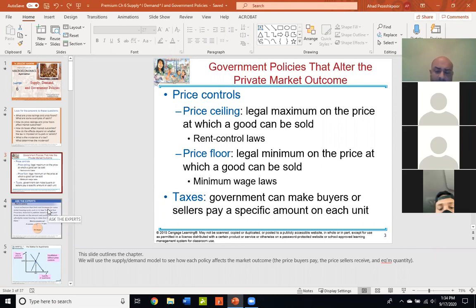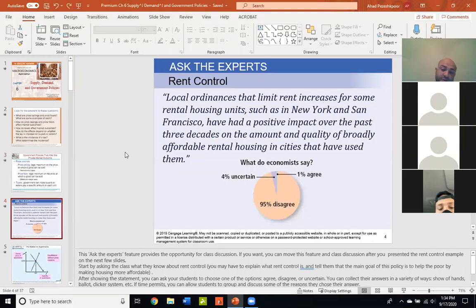The most useful example of a price ceiling policy right now is rent control. Let's look at this: local ordinances that limit rent increases for some rental housing units, such as in New York or San Francisco, have had a positive impact over the past 3 decades on the quantity and quality of affordable housing in cities that use them.